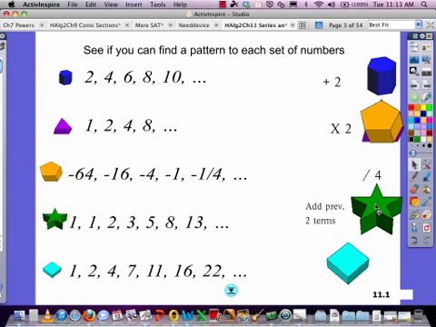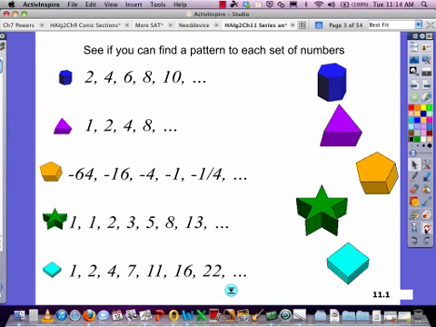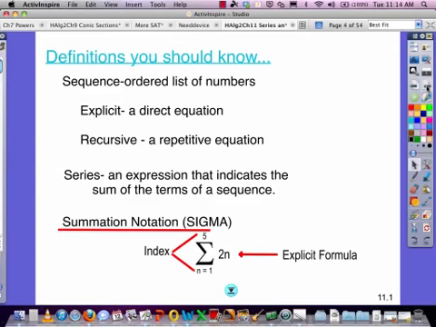And the last one, 1, 2, 4, 7, 11, 16, 22, etc. Looks like you are adding 1, then 2, then 3, then 4. And how do you describe that? You add consecutive integers. Okay, so those are all examples of lists of sequences, terms in the sequences. Those are all going to be important as we move forward.